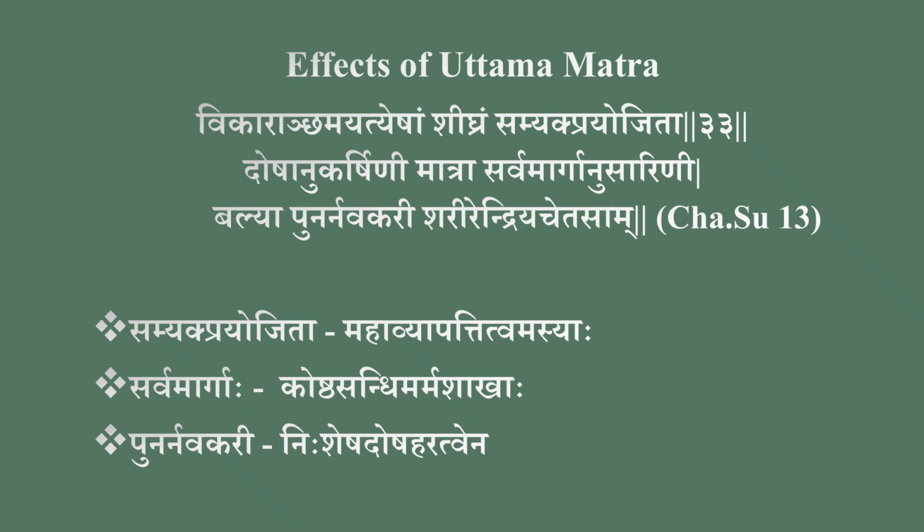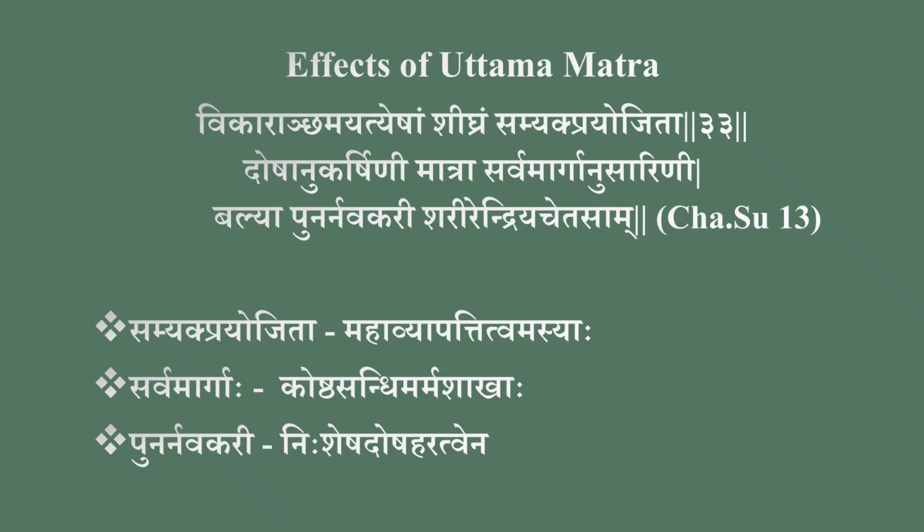So this kind of Snehavana, Uttamatra Snehavana, is producing this much result. What we can see in the Tika is Samyak Prayojita is Mahavyabhatti Tvamasyaha. Samyak Prayojita means if you are not using it properly, then it can cause bigger complications. So be cautious while using 24-hour Matra Sneha.